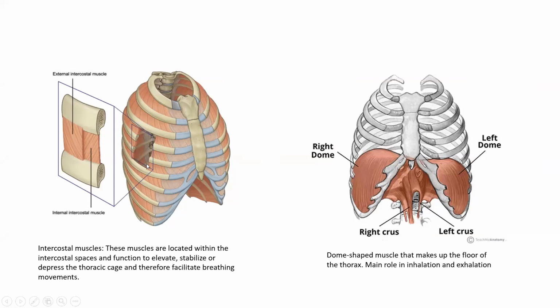So the superficial one, the outer layer, is the external intercostal muscle, then the internal intercostal muscle, and then beneath that are the innermost intercostal muscles.